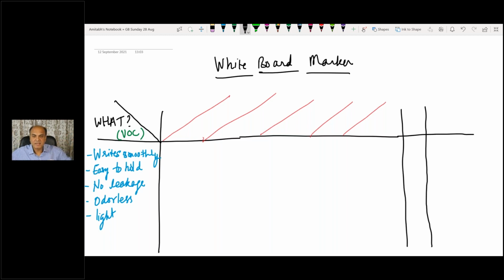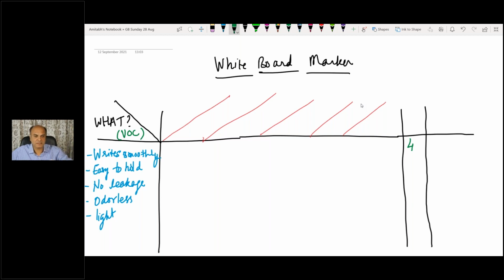And then these 10 people give some ratings, and let us say that for the first one, writes smoothly, it should be high, so it's like 4.9. Instead of writing in decimals, to make my calculations easy, I will just put it as a whole number. But that doesn't mean that it cannot be decimal; the average generally will be in decimals. So usually the numbers will be like 1, 1.6, 1.8, the average of all the ratings.